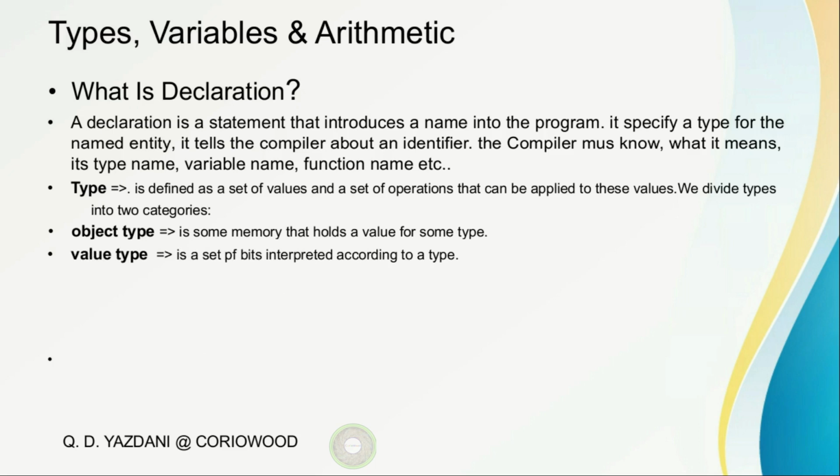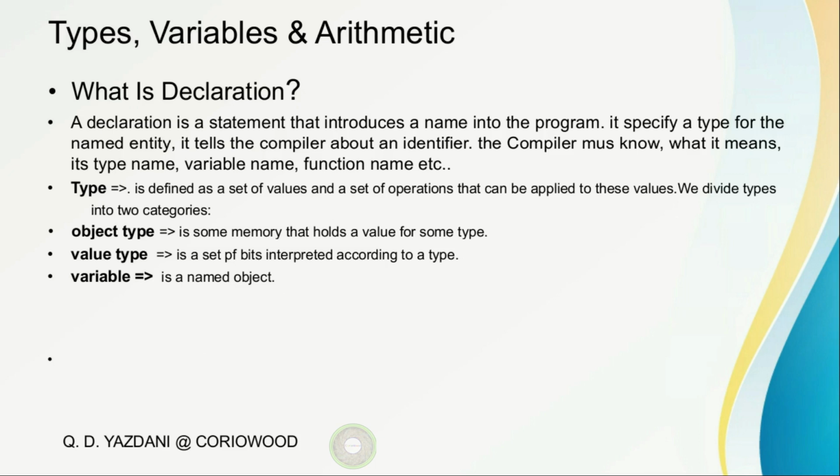A value is a set of bits interpreted according to a type. That's the simplest. A variable is a named object. That's a simple and clear-cut definition of the declaration: type, object type, value type, and variable.